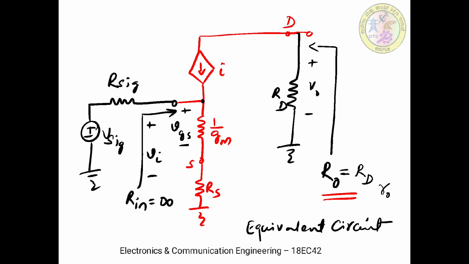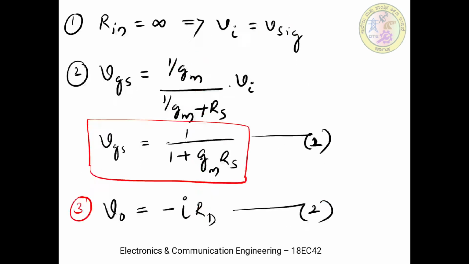From the equivalent circuit we see that the input resistance Rin is infinity. Because of that, V signal is equal to Vi, and VGS, between gate and source, is a fraction of Vi: VGS is 1 by Gm by 1 by Gm plus Rs into Vi. So this much voltage appears between gate and source.